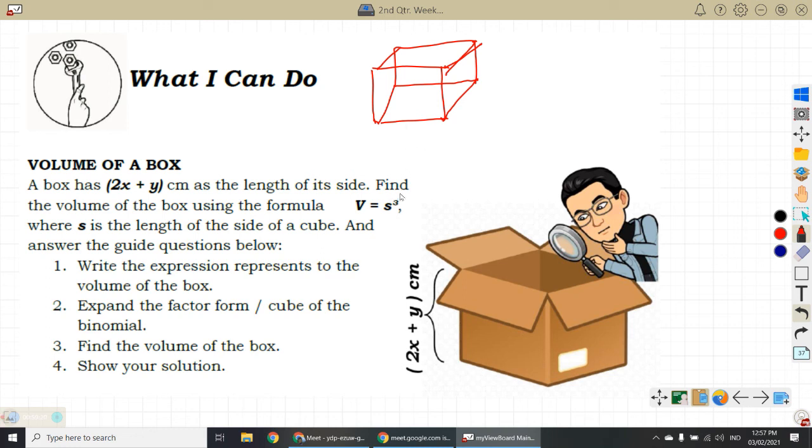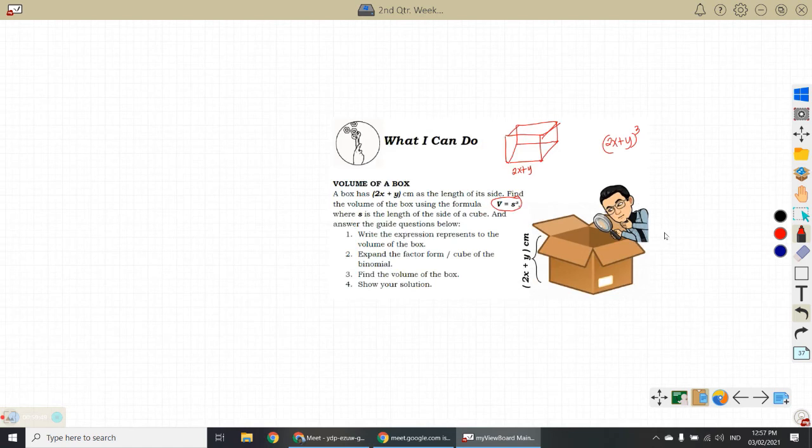Now, the formula of the volume is side cube. If one side is 2x plus y, that means you're going to solve 2x plus y cube. Okay? In order to answer that, we're going to use isa sa pinakahuling topic natin, pang number 4, the cube of a binomial.